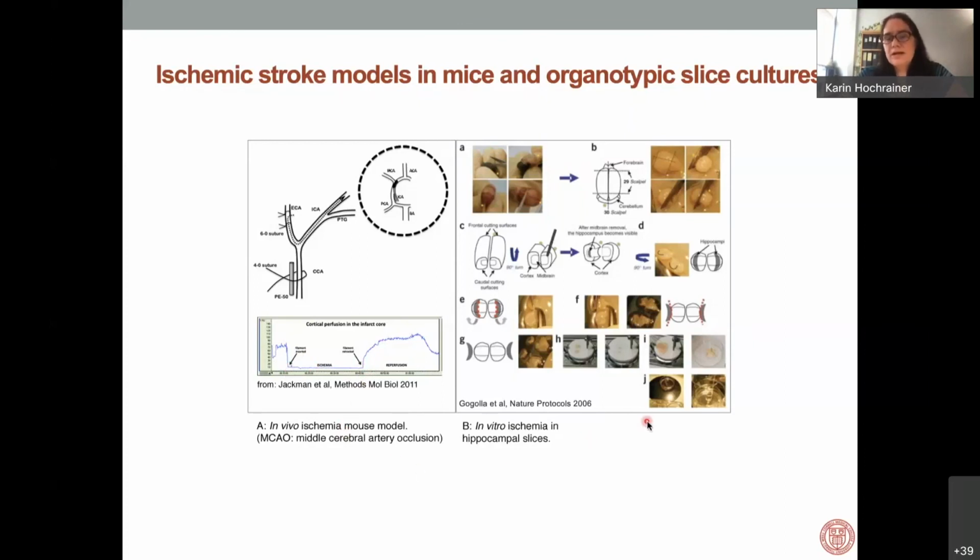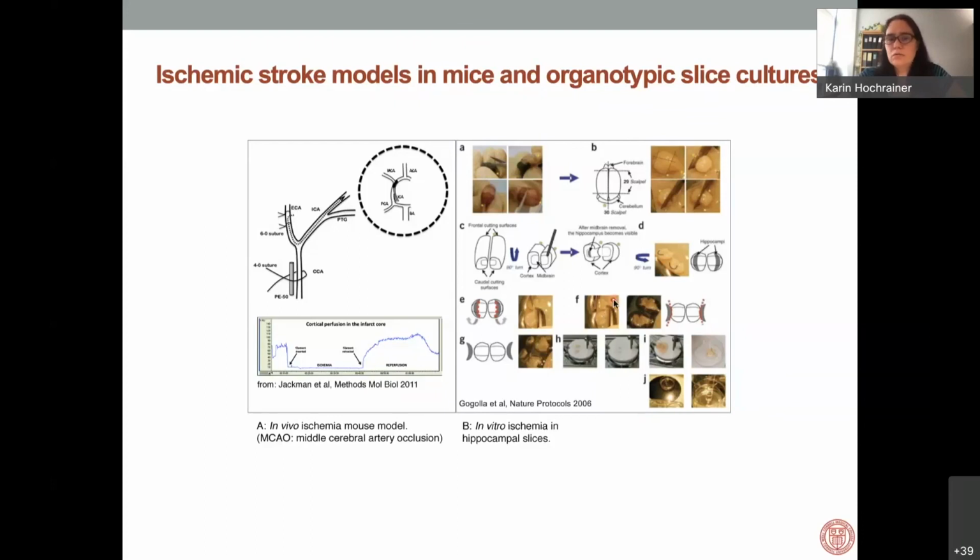The other model that we like to use is in vitro ischemia by oxygen glucose deprivation. And we are using for that not cells at the moment, but actually tissue slices that we isolate from the hippocampus of postnatal mice.